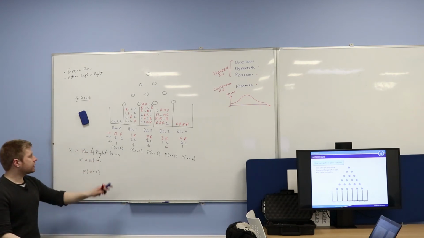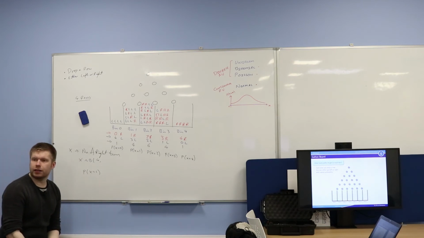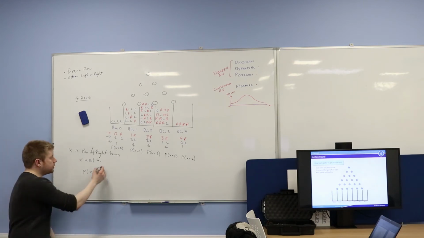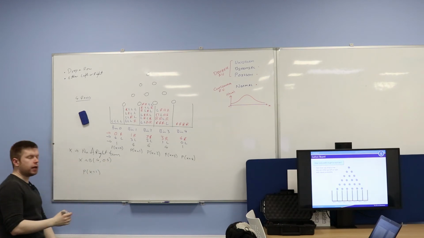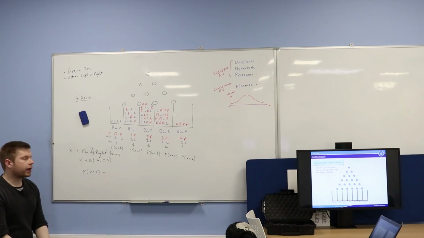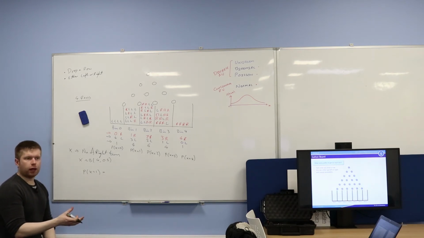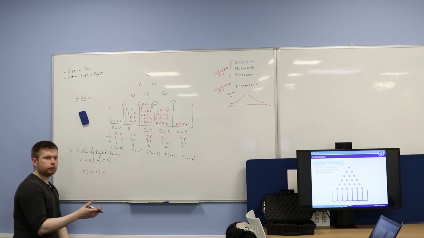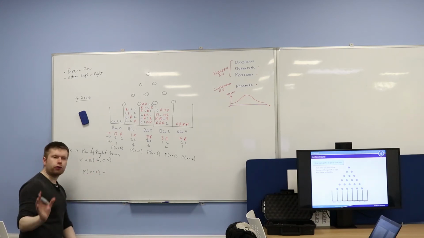What's the probability of its success? What's the probability that it's going to go right? A half, absolutely. So now I should, in theory, be able to work out the probability that X equals 1. Just remind me, how do I work out that formula? Just give me the general formula.